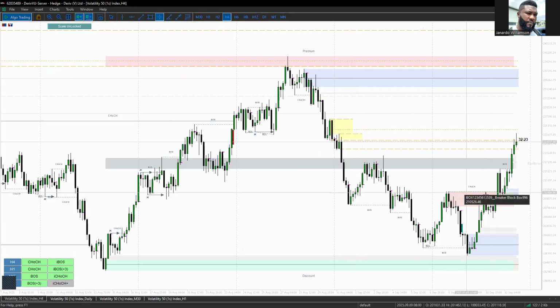We had a change of character here. We came back and retested this breaker block, and we just shot right up. So it would have been a good swing trade if a person had caught entries from any one of these higher lows that it made down here.